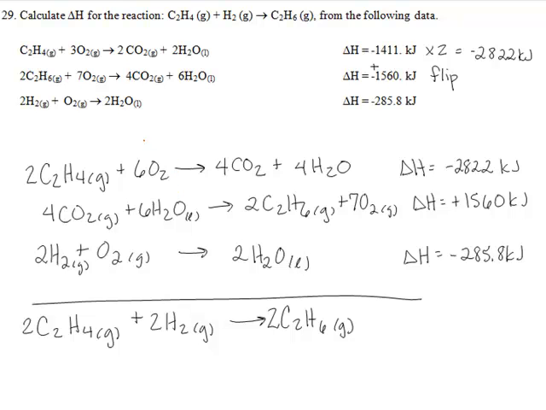So first I want to look on the reactant side and see if I have any more O2. And I find that I have a single molecule of O2 down here in this last equation. So on a grand total for my reactants, I have 7 O2 gas that does not appear in my final equation. So I need to see if I can find 7 O2 gas on the product side to cancel. And voila, there it is. So we can cancel our O2.